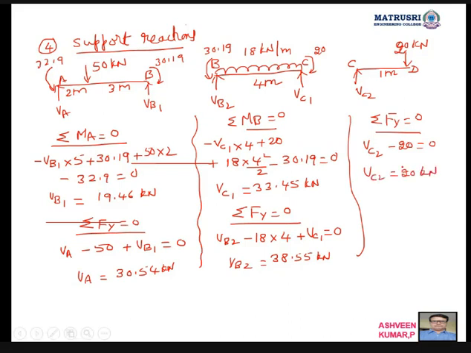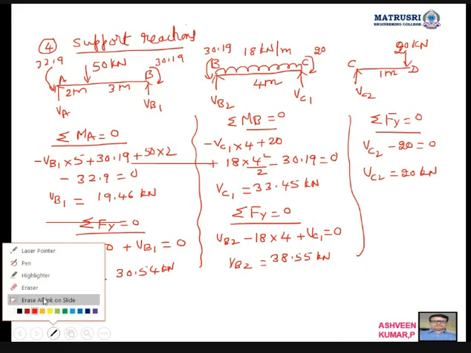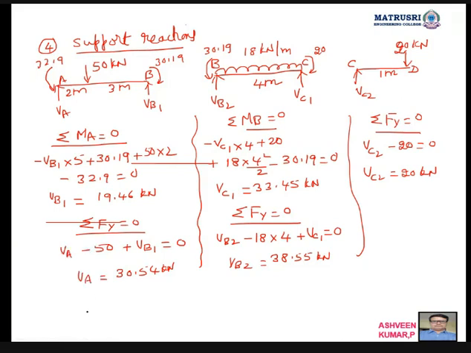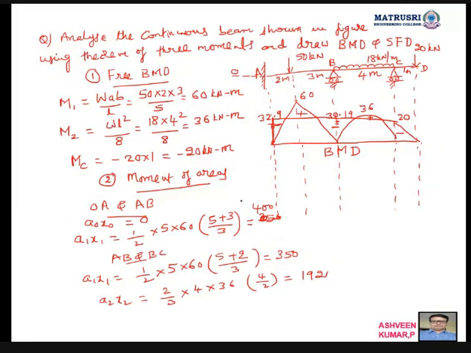So what I told, first you take VA, then VB, like that. VA, VB1, you take VA first positive, negative, then positive, negative, positive, negative, positive, like that I told. So you can take here for drawing the shear force diagram. First VA positive. How much I got? 30.54.